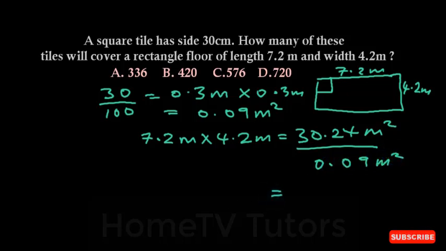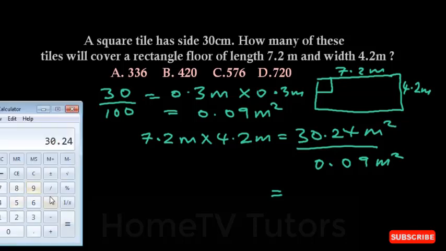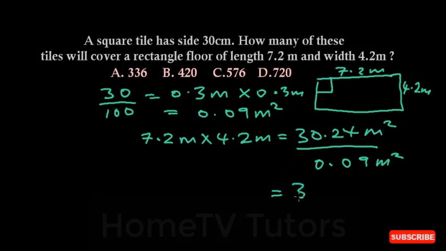Let's use a calculator. Divide by 0.09 meters square. That gives us 336 tiles, and that is the answer option A.